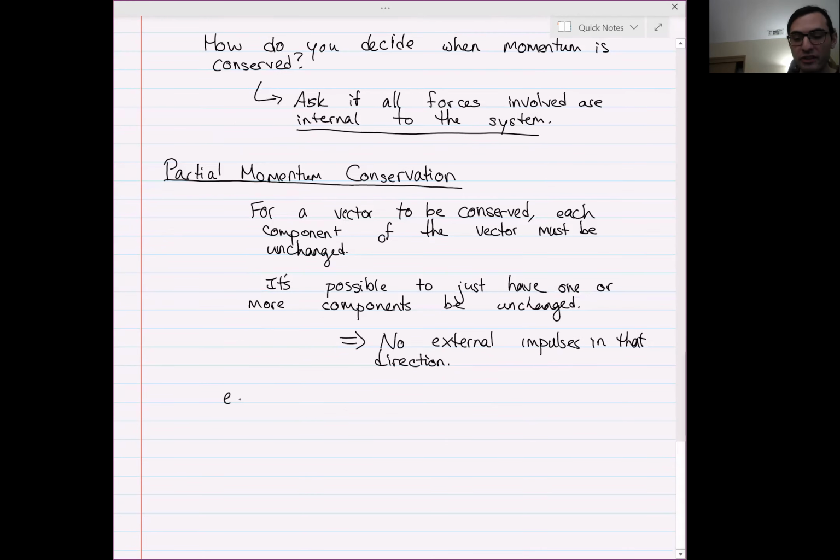An example of this would be a projectile with no air resistance. No air resistance conserves momentum in the horizontal direction, but not in the vertical direction.